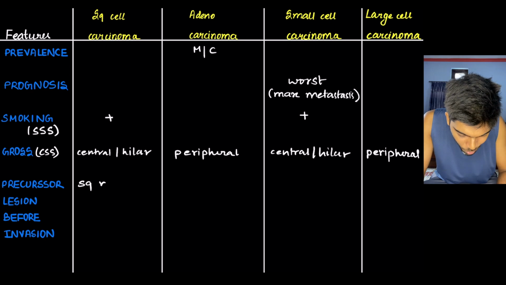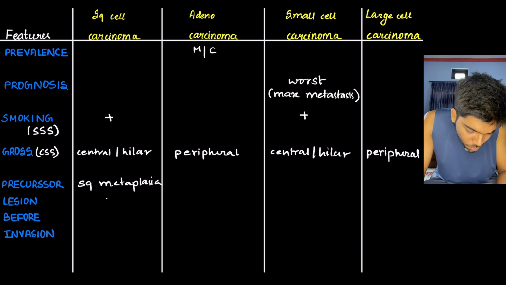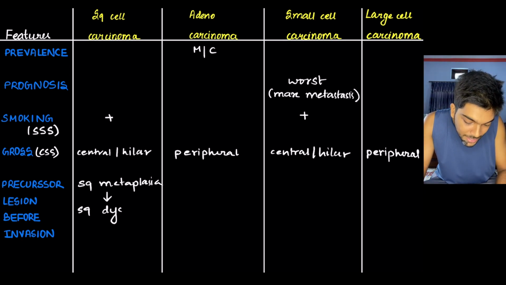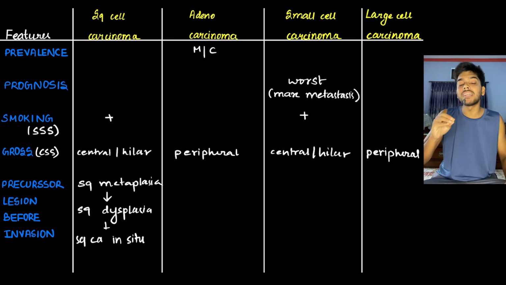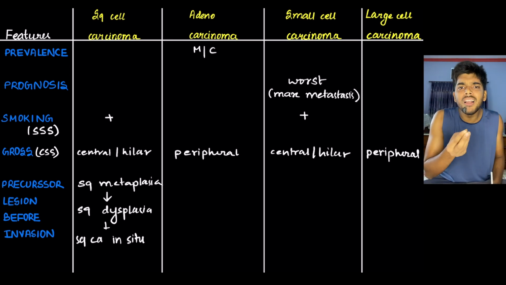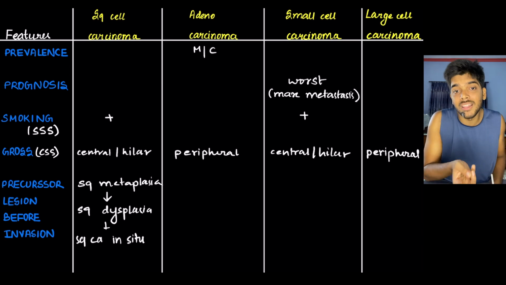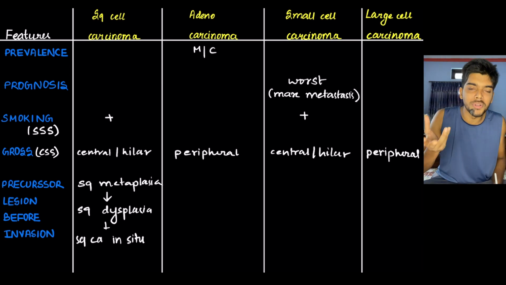First there is squamous metaplasia, which is then followed by squamous dysplasia, which is then followed by squamous carcinoma in situ. Still not invasive because it is in situ. Then this squamous carcinoma in situ first shows a little bit of invasion, micro invasion, and then full-blown invasion. That is squamous cell carcinoma.